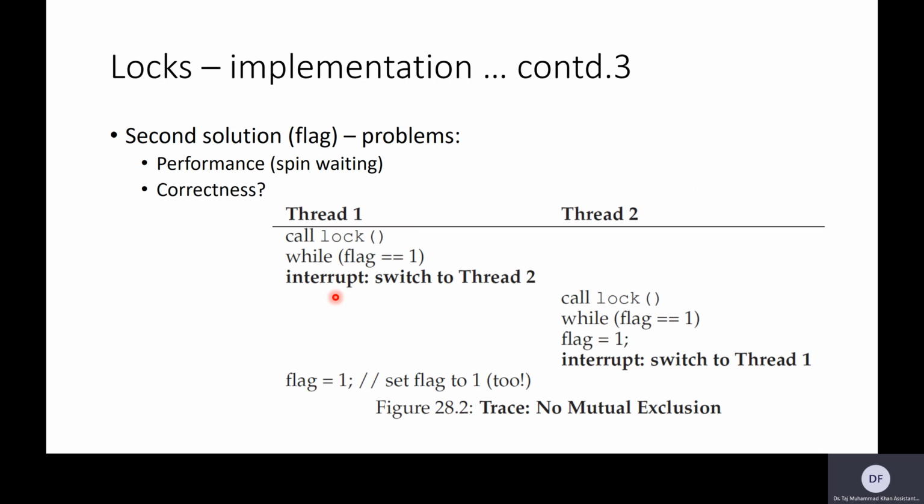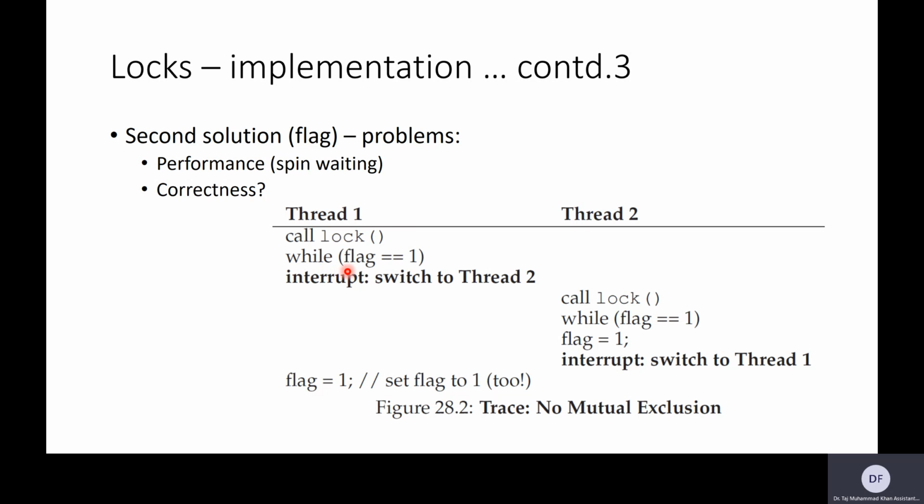So thread 1 calls lock, and in the while loop it checks the flag value. Let's say the flag value at the start is 0. It checks whether the flag is equal to 1, and sees that this condition is not true, so it will exit the loop and make flag equal to 1. But before it can go ahead and make flag equal to 1, there is a context switch at this moment.